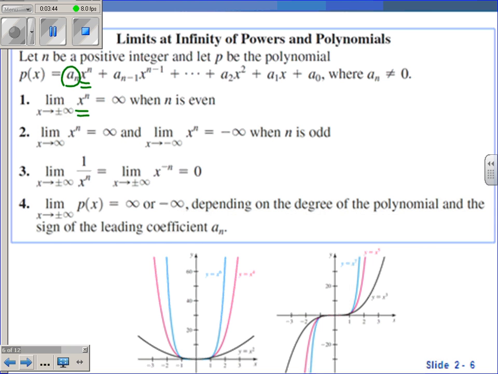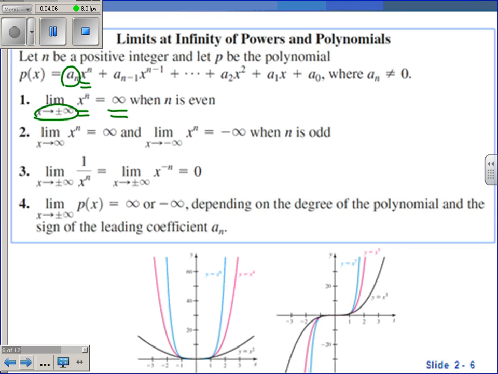So it didn't matter whether x was approaching positive infinity or x was approaching negative infinity. Either case, this x to a power is going to be getting larger and larger as x is getting larger and larger, and it's going to be positive because the n is even. So this limit, when you have a big power of x, is always going to be positive infinity if the n is even.